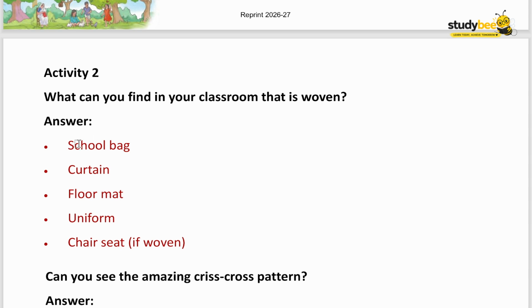School bag, see how it is made; it is woven in a similar way. Curtains, floor mat, uniform, chair seat: if a chair seat is made using plastic strips, that is also woven. These items you can find in your classroom that are woven.